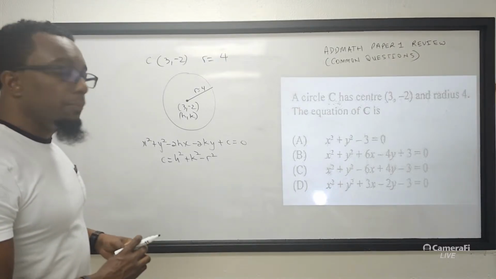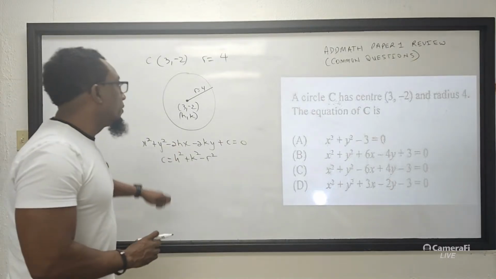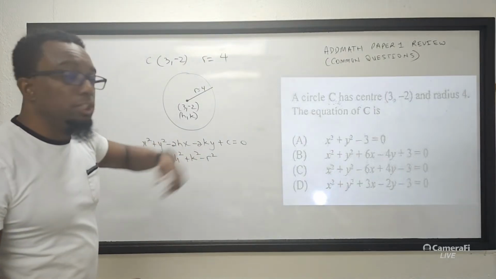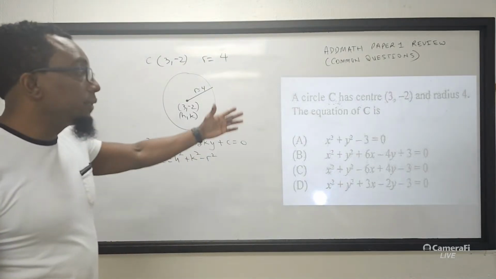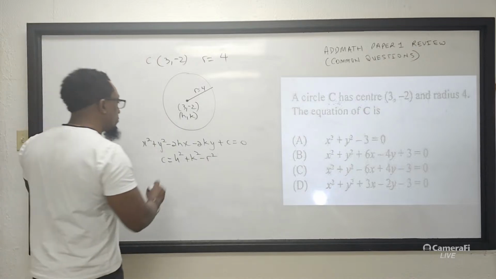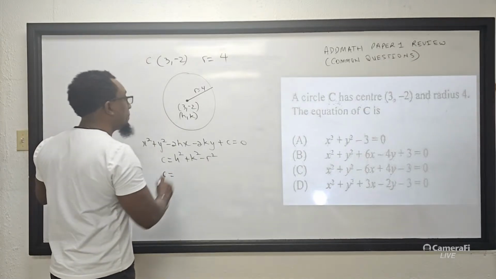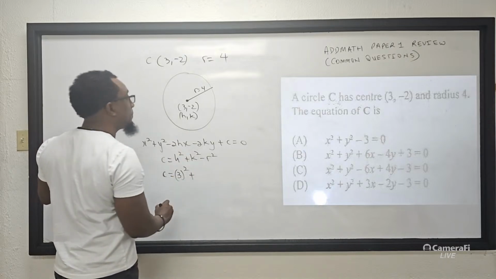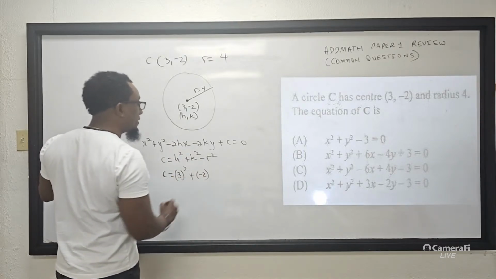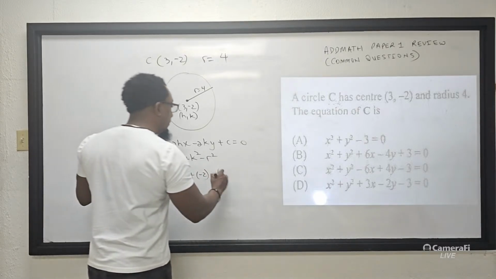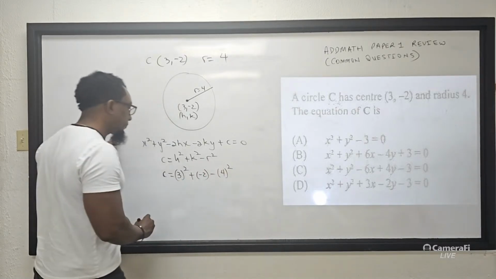So all we're going to do is find c. We already know what h and k are, and we substitute into our general formula, and let's see which one of those options is going to apply. So let's work out c first. So c will be, I'm replacing h with (3) squared plus, I'm replacing k with (-2) squared, subtract, I'm replacing r with (4) squared.